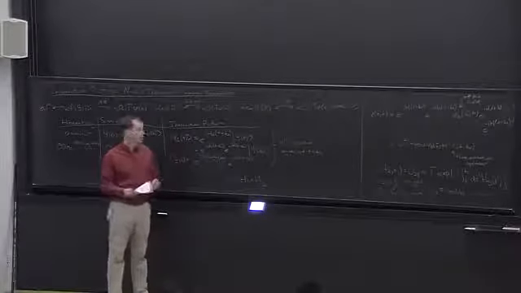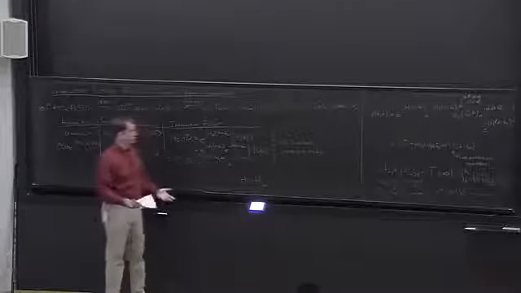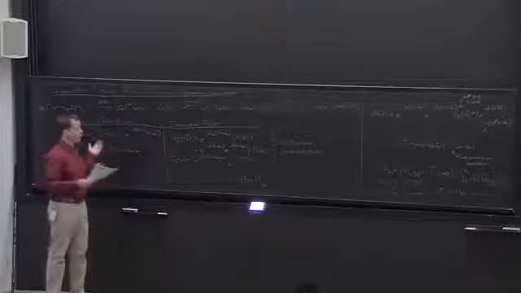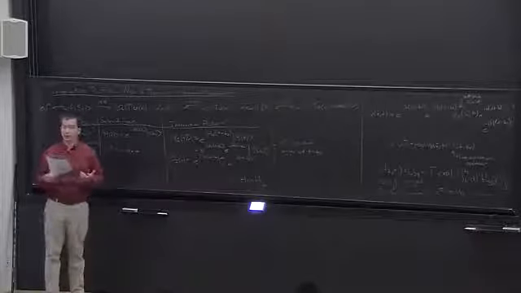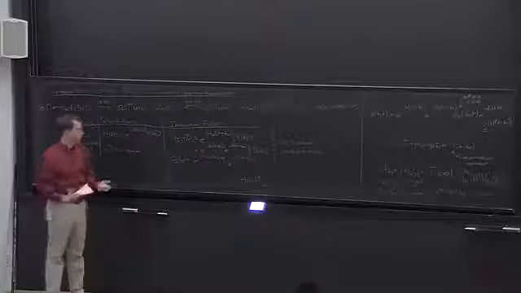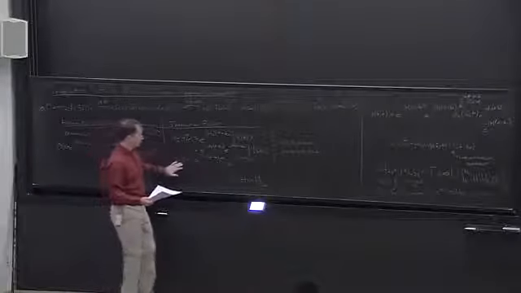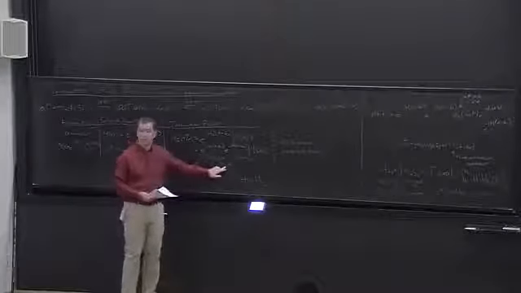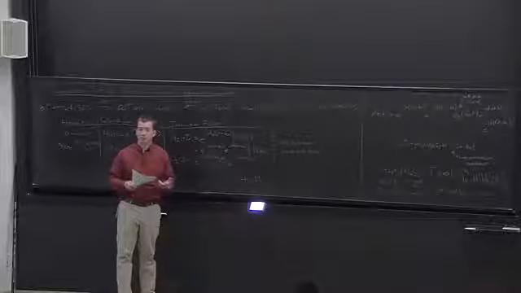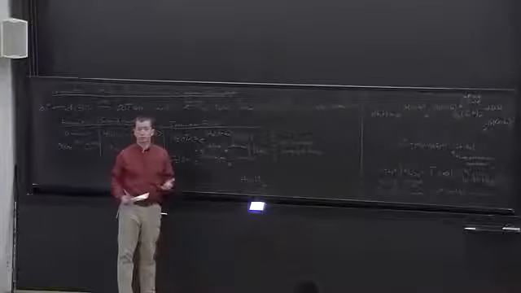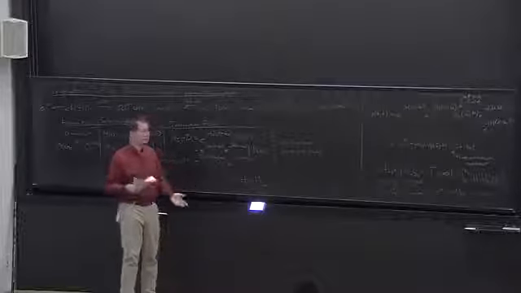So if you hear me say free fields, really throughout today's lecture, we're working with an interacting field, but most of the time we'll be working in the interaction picture. And interaction picture fields behave just like free fields. So I'll often use those terms interchangeably, even though they mean slightly different things.